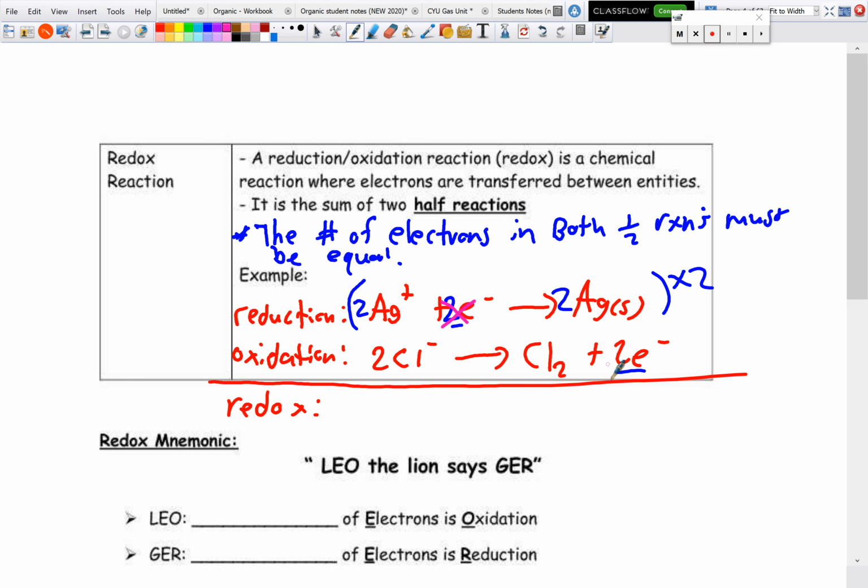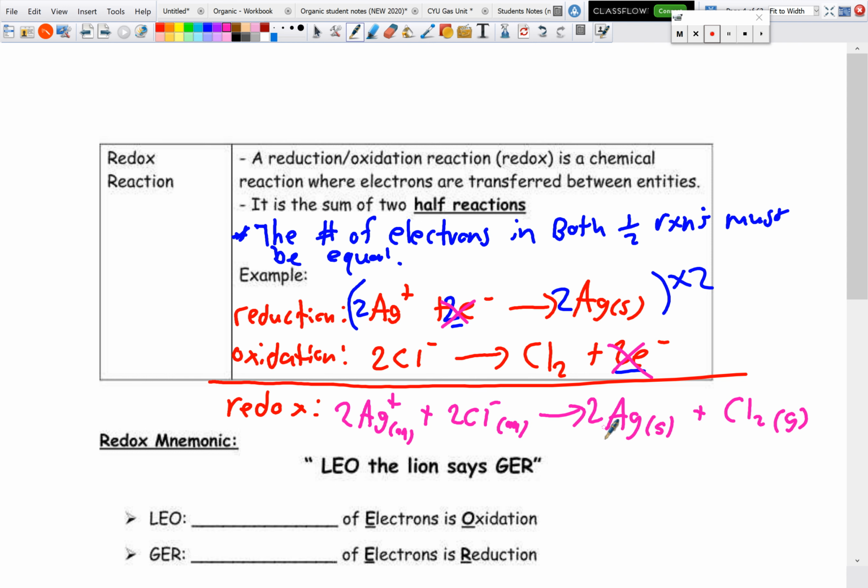So our electrons cancel out, and what we're left with is our reaction of 2Ag plus 2Cl minus producing silver solid plus chlorine gas. Notice that charge-wise and mass-wise, these 2 are going to balance out.